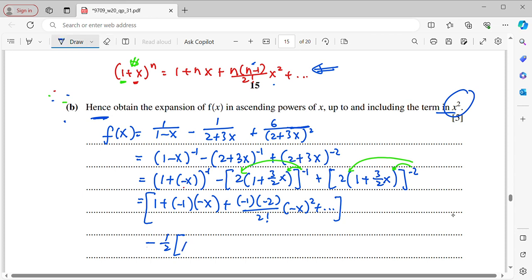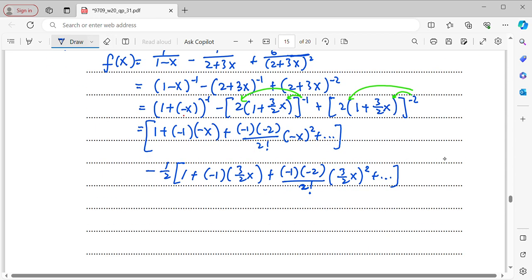It will be 1 plus, the degree is minus 1, so n is minus 1, so 1 plus nx, where your x is 3 over 2 x, plus minus 1 times minus 2 over 2 factorial, then 3 over 2 x squared. This is the second expansion.